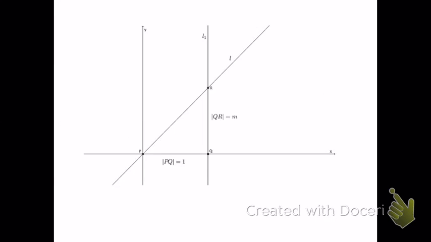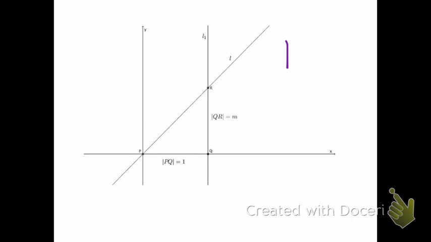So let's go back to the diagram where we looked at the definition of the slope, and we said that the slope is this height for a 1 unit move on the x-axis. If I move 1 unit in the positive x direction, the slope is whatever height the graph is at that point. So we call that distance QR the slope. Well, the slope is actually this ratio too, like we saw before.